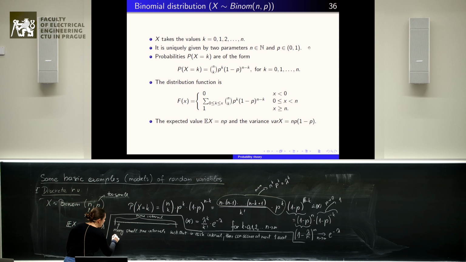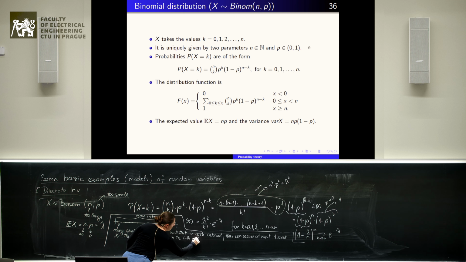And it means that xi is the number of events in the ith interval.